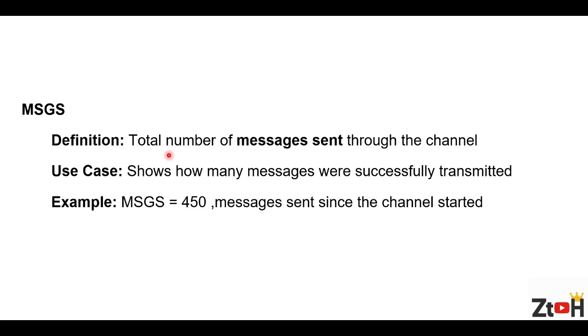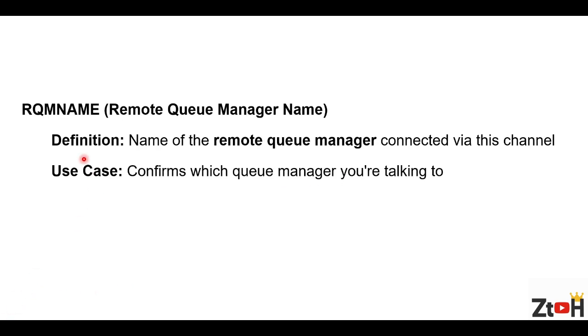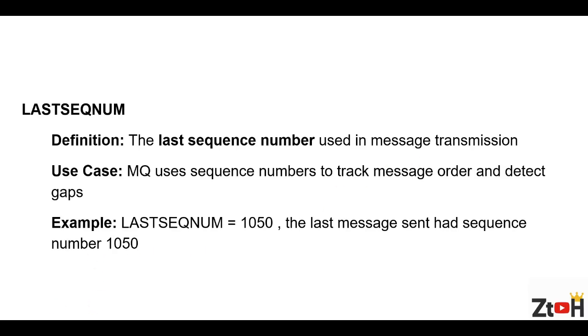MSGS means the total number of messages sent through the channel, and shows how many messages were successfully transmitted. Now let's see QMNAME, which means the name of the remote queue manager connected via this channel. LASTSEQNO means the last sequence number used in message transmission. MQ uses the sequence number to track message order and detect gaps.